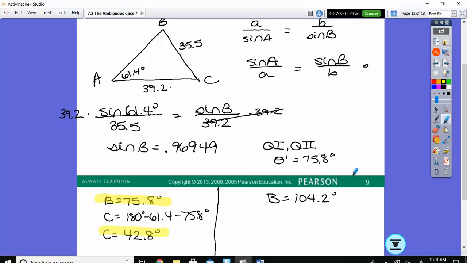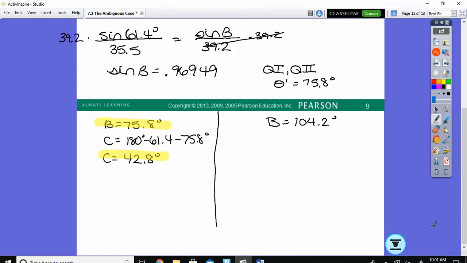So I have B and C. I have side A and side B already, so we need to find side C. We did that yesterday. How am I going to find my third side? Law of sines. Okay, we can use any of these.